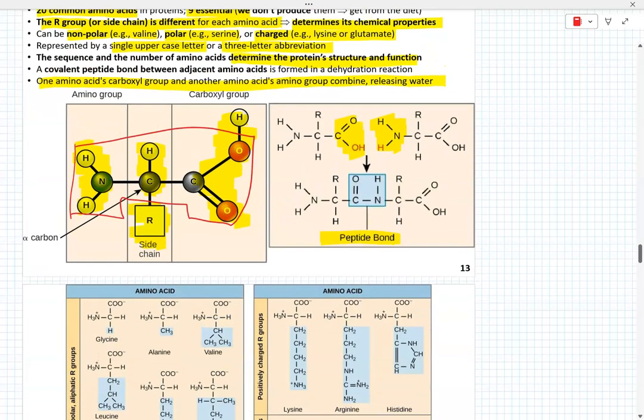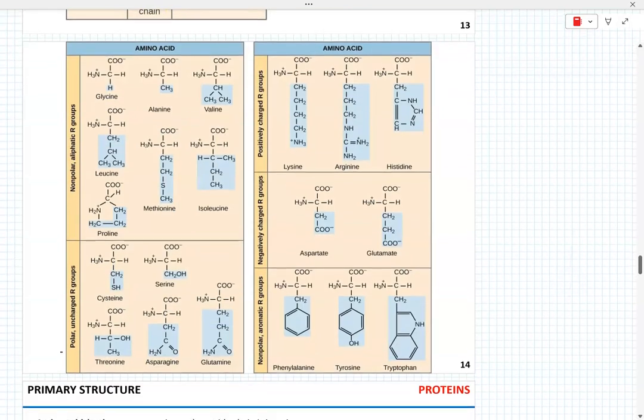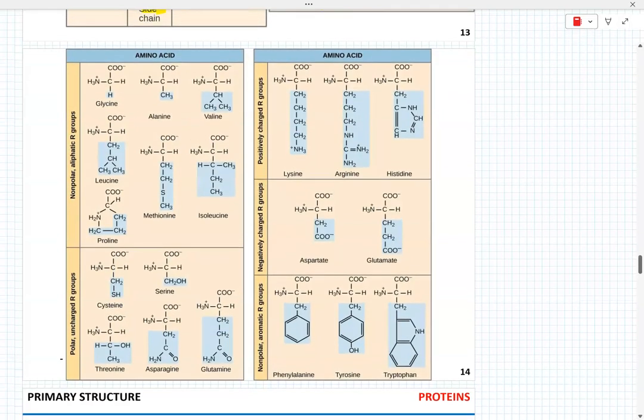Here you can see different amino acids based on the charge, polarity, or non-polarity. So you should be able to identify, based on the structure, amino acids as nonpolar aliphatic, nonpolar aromatic, polar uncharged, negatively or positively charged amino acids.